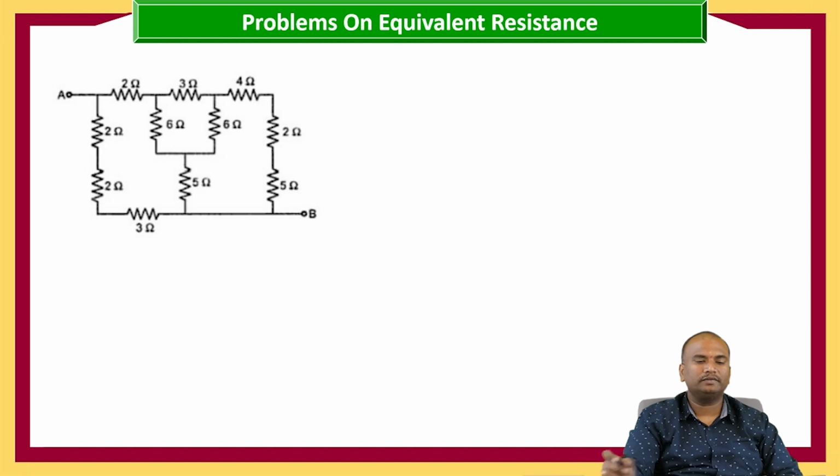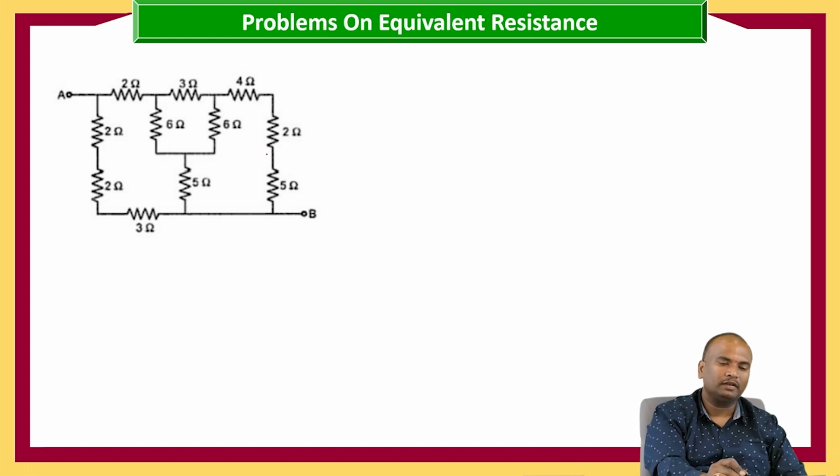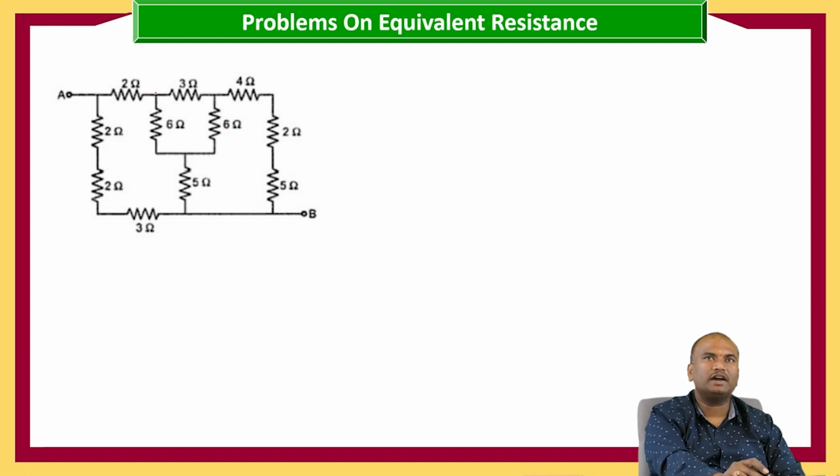So here we are having, this is one delta, 6 ohms, 3 ohms and 6 ohms. And here we are having the different stars. This is 1 star, 2 ohms, 3 ohms and 6 ohms. And now 3 ohms, 4 ohms and 6 ohms as another star. And this 6 ohms, 6 ohms and 5 ohms as another star.